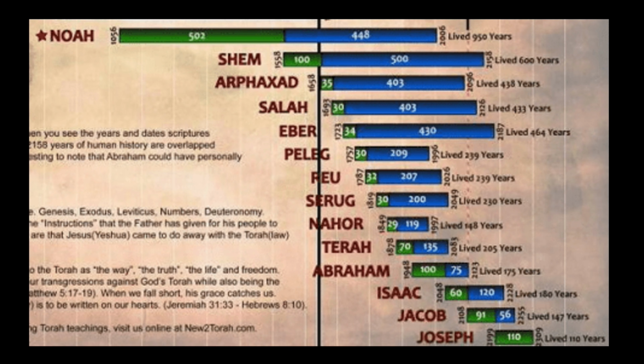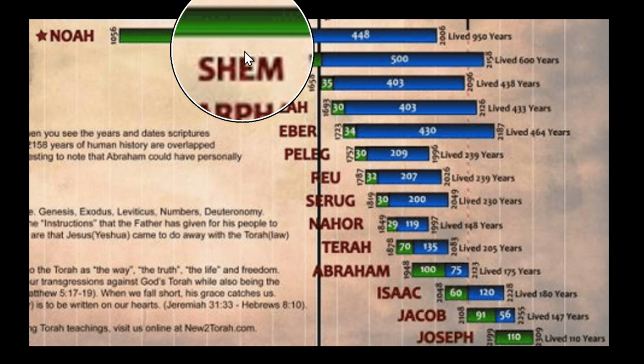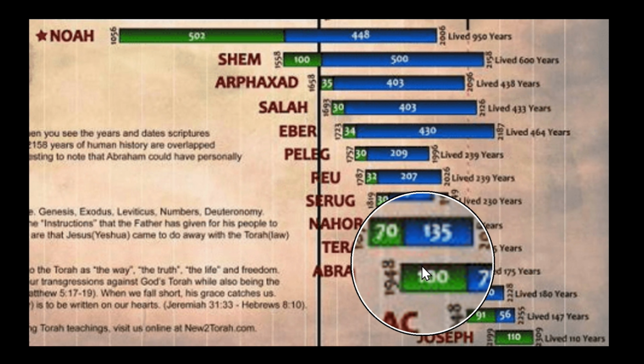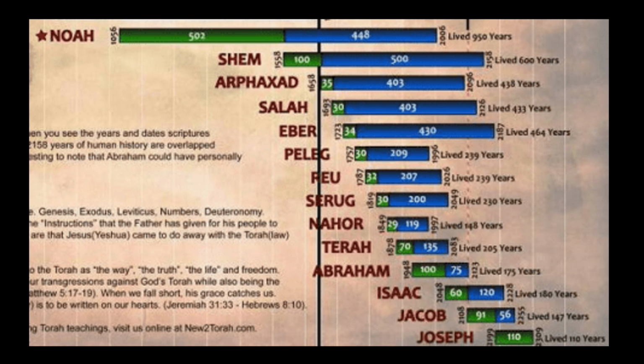Isn't that wild? Noah survives the flood, right? Builds the ark, goes through the flood. He's alive through all of this. Do you see the blue line? That's Noah's life all the way down to the days of Abraham down here.